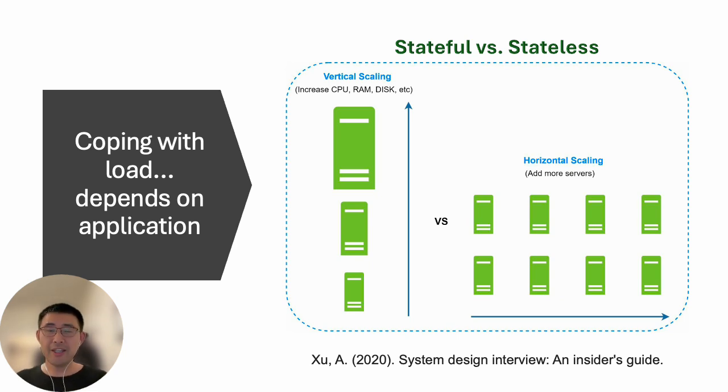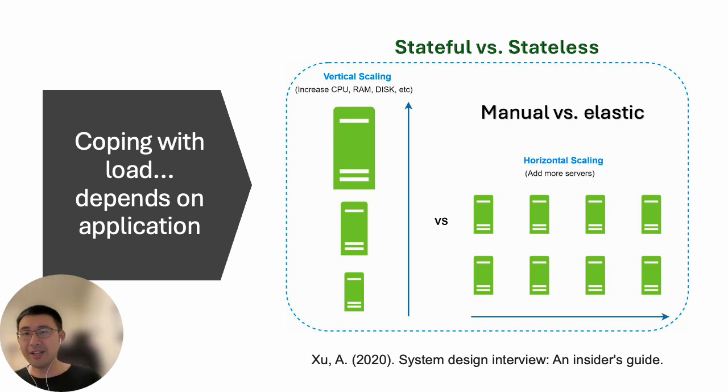But if it's stateful, vertical scaling makes it easier. And also for scaling, there's this manual versus elastic choice if it's horizontal scaling. For example, if you see that the machines are being saturated, then you can manually increase, of course, but you can also have the system notice if the pressure is above 80%, then elastically spin up a few more instances and have them share the load.